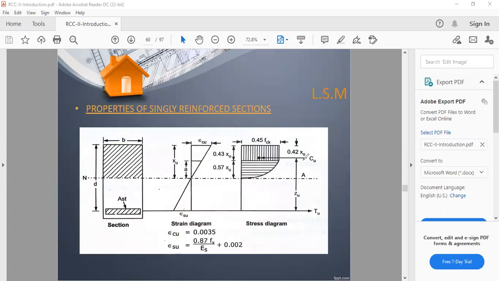This is the compressive force, which is going to act at this location, at 0.42 times xu. While this is your tensile force Tu, which is acting at this location, and for that you have to consider this strain diagram as well as the stress diagram. You can see that there is no stress after this neutral axis, or on the lower side of the neutral axis.